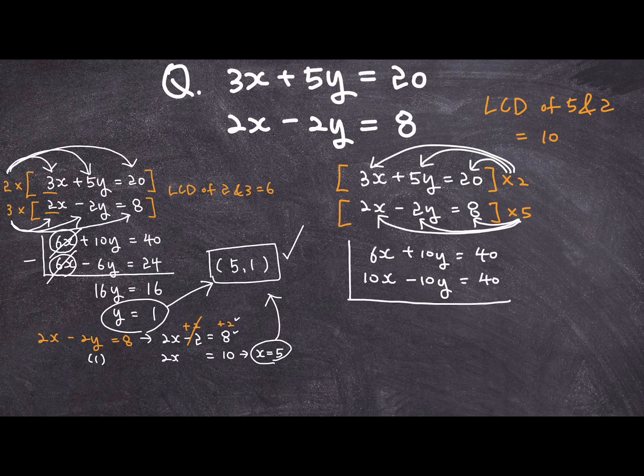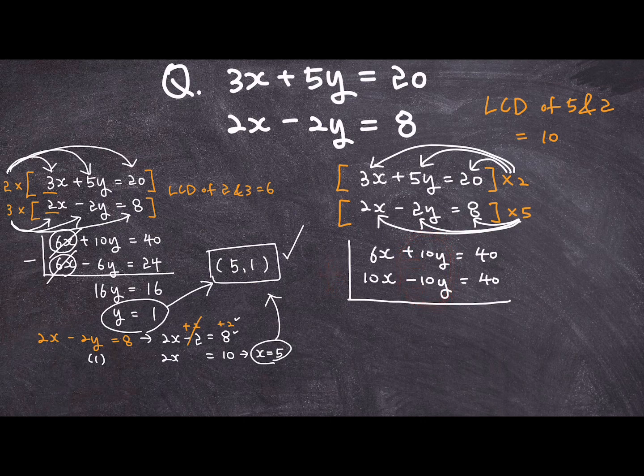Now, I am going to try to eliminate the variable of y by adding these two equations because I have plus here and minus here. So I need to add instead of subtract.